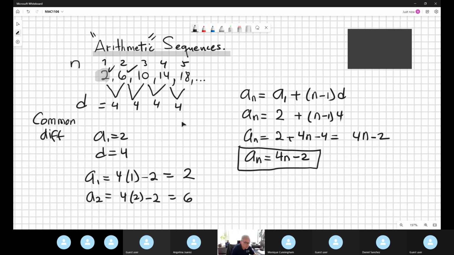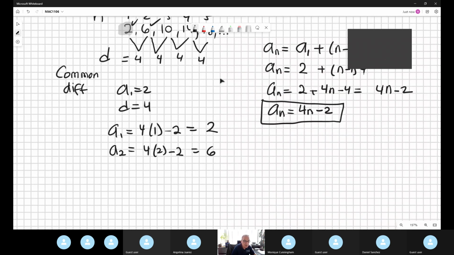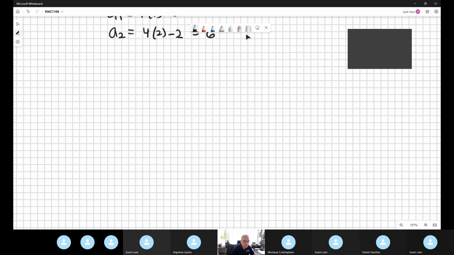One more example. This was example 1, easy. Now example 2, I change a little bit, not too much. Suppose in example 2 a1 is 0.